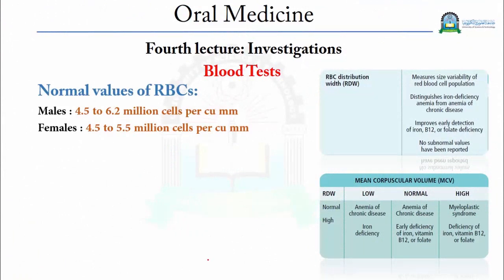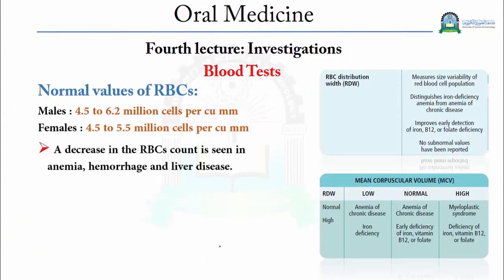The normal values of RBCs in males are 4.45 to 6.2 million cells per cubic millimeter, and in females this normal value can be lower, 4.5 to 5.5 million cells per cubic millimeter.